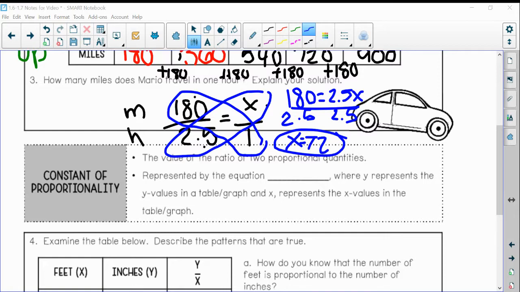The value of the ratio of two proportional quantities is represented by y equals k, k equals y divided by x.